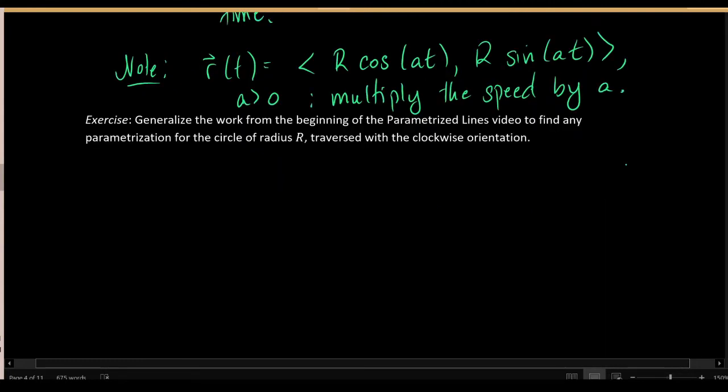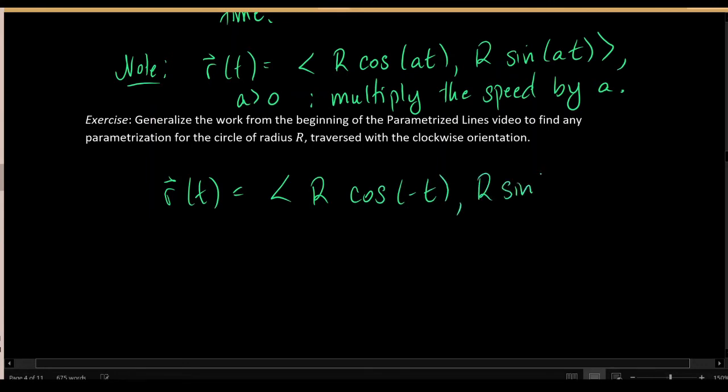Likewise, if you wanted to move in the clockwise orientation, if you wanted to move around the circle backward, then all you had to do was change the t to a minus t. This will traverse it clockwise with a circle of radius r multiplying by r.